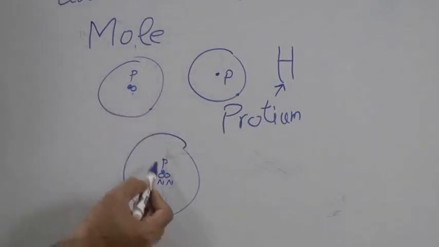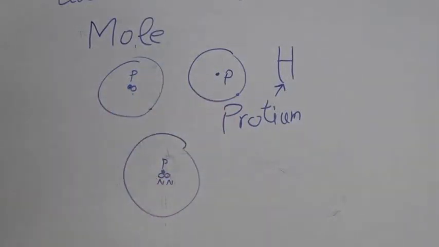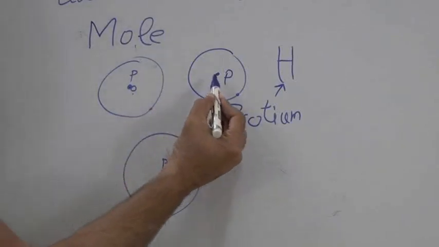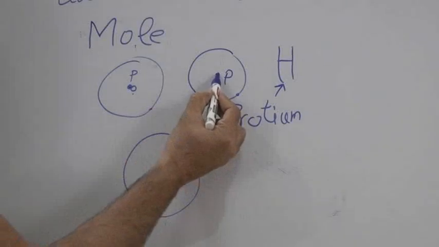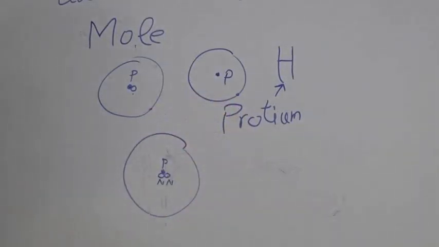Neutron just adds to the mass of the atom and does not much contribute to the chemical and physical properties, though it does, but not much. Therefore, this atom of hydrogen is the lightest atom in the universe.